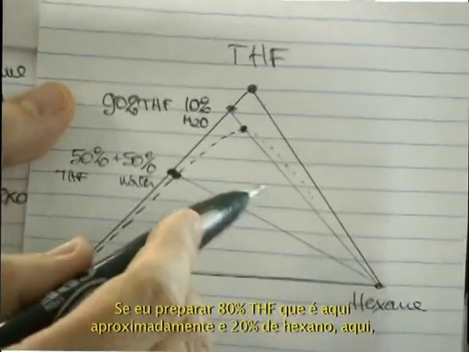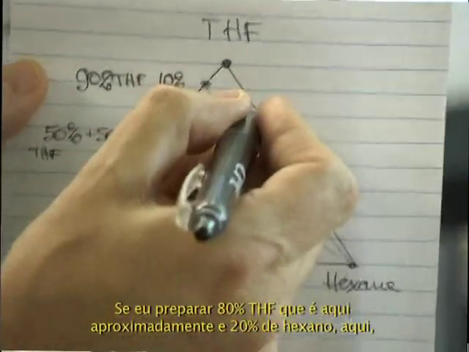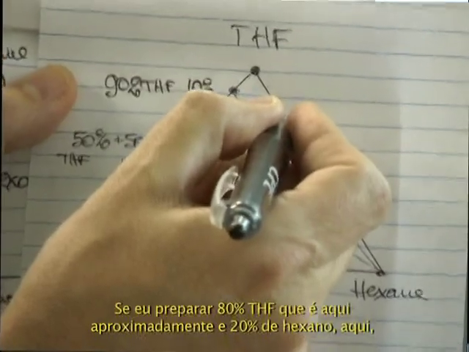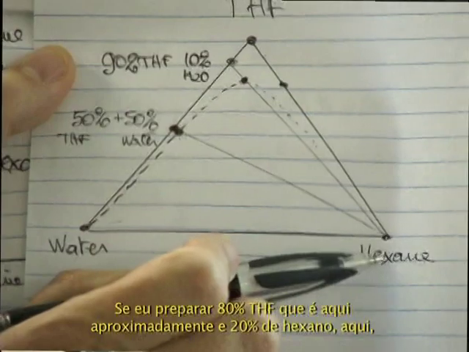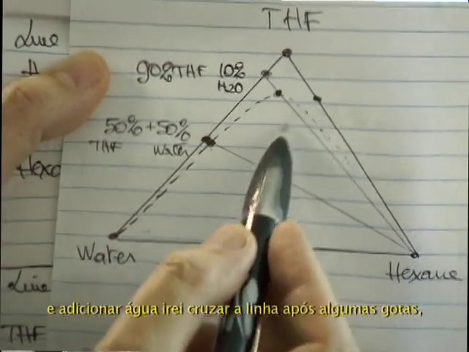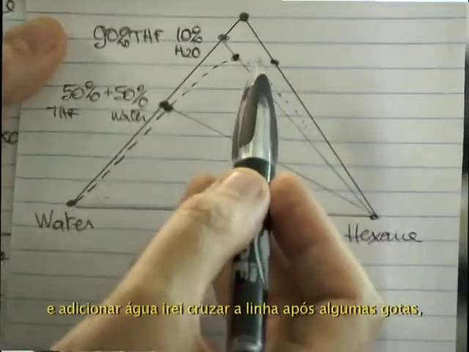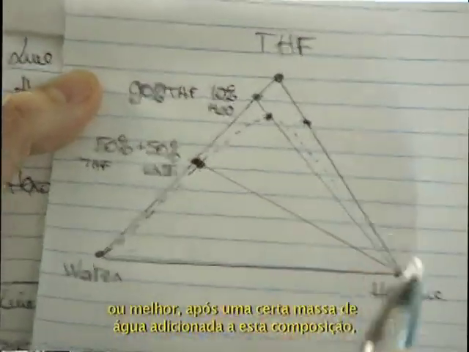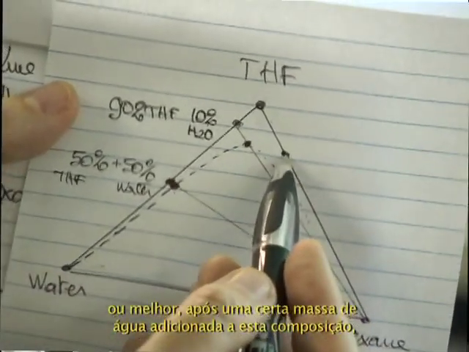So if I prepare a 80%, I would say 80% is right here, approximately, of THF, 20% of hexane, and I add water in it, I will cross the line after a few drops, after a certain mass of water added to that composition.